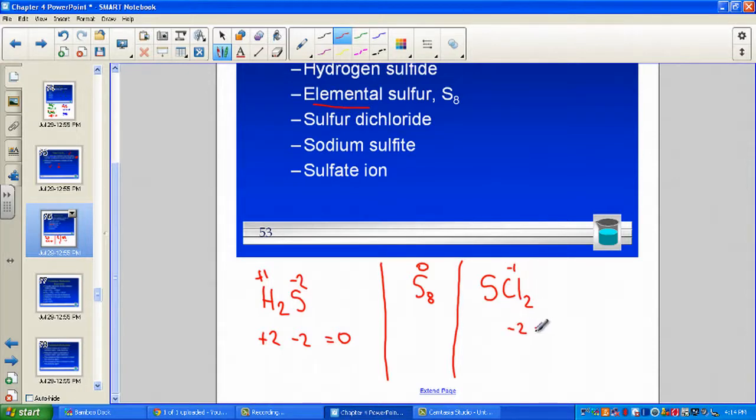So the total negative here, 2 units of that -1 give me a -2 overall. So sulfur here must be a +2. First scenario, a -2, then a 0, now a +2. It's changing all over the place. Remember, this is just a way of bookkeeping.